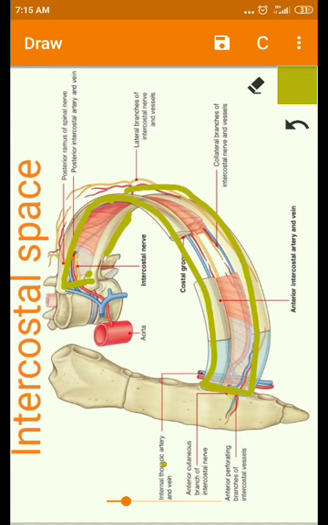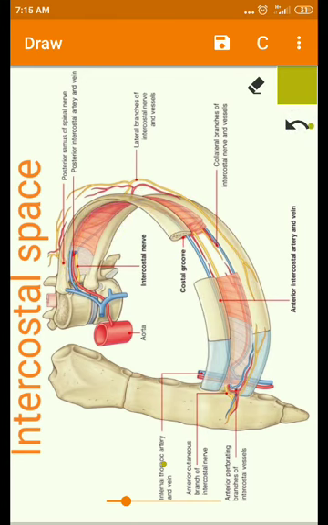The sharp lower border of the upper rib forms the superior border. Here you can see this is the upper rib. The blunt upper border of the lower rib forms the inferior border.